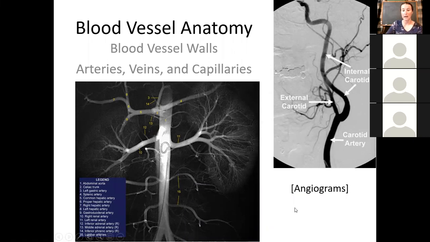So angio meaning blood vessel, gram, a picture of these blood vessels. And so we can, of course, study blood vessels in this way. Essentially an injection of fluorescent dye is administered to the vessels of a patient, and then we can take these pretty cool images and see exactly where the blood vessels are based on where the blood is flowing.